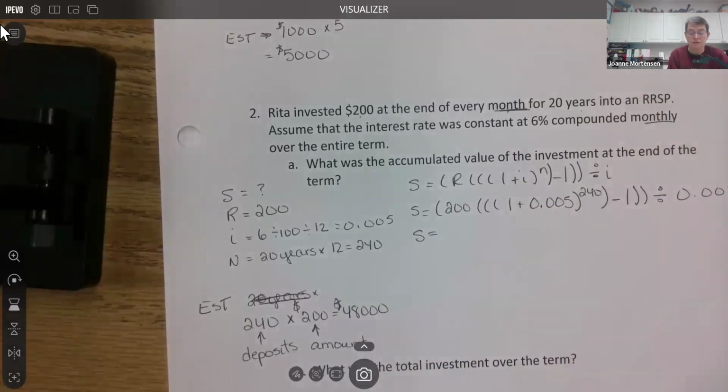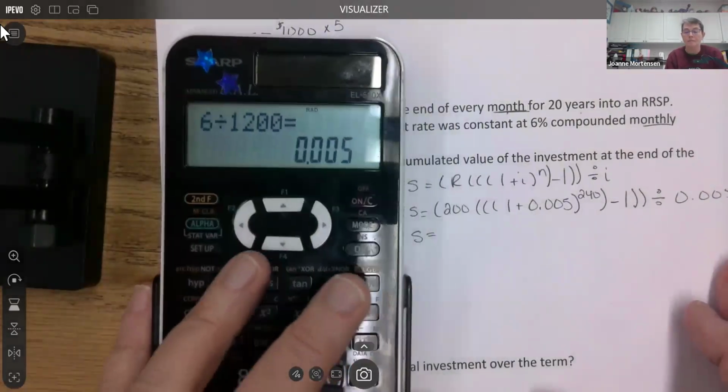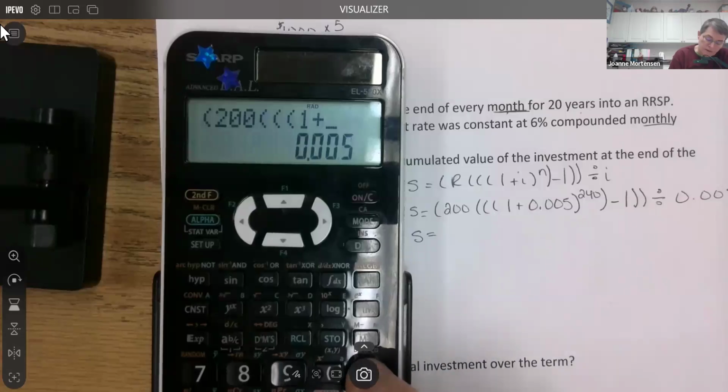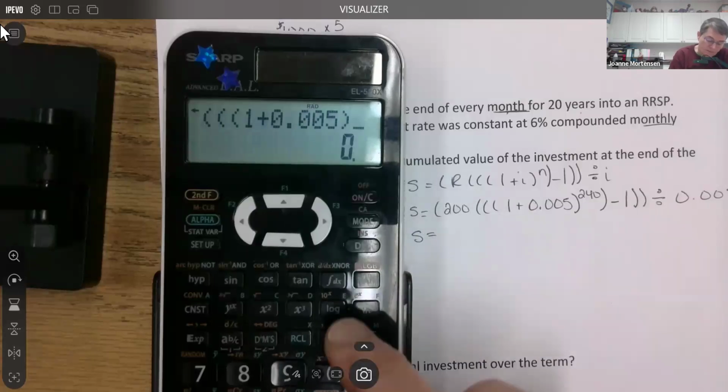Well, let's see how she goes. Bracket 200, 1, 2, 3 brackets, 1 plus 0.005. Close my bracket.